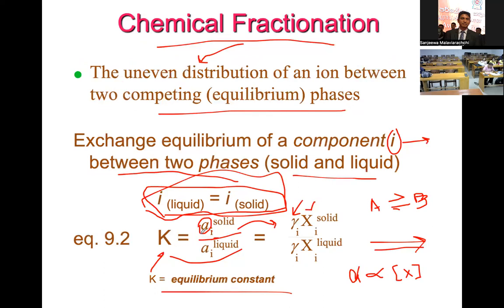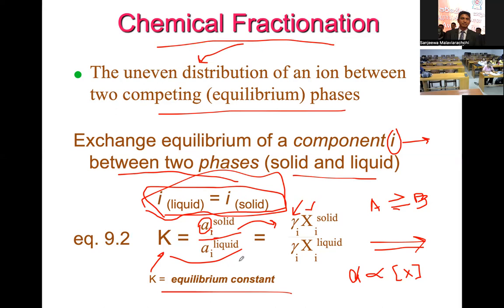Remember, concentration of the solid of a particular element divided by its concentration in the liquid. If an incompatible element is there, that means it should be incorporated much more in the liquid rather than in the solid.